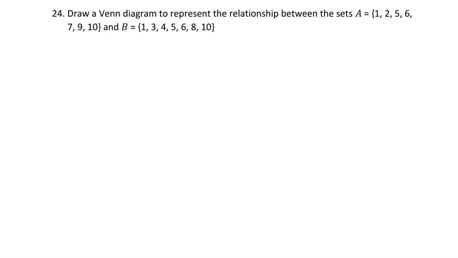From the given sets, let us find the numbers that repeat themselves in both sets. Then we say A intersection B equals, in brackets, 1, 5, 6, and 10. Next, let us draw our Venn diagram as required.